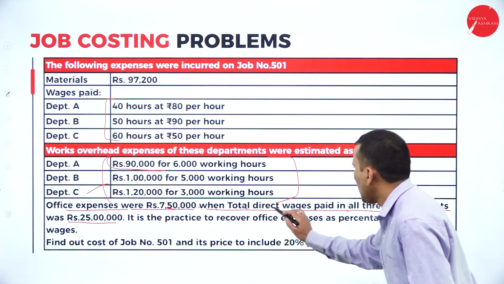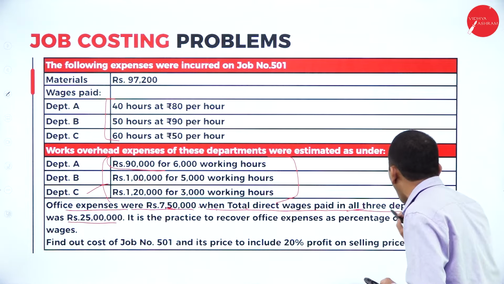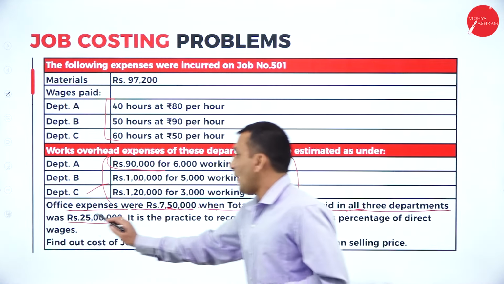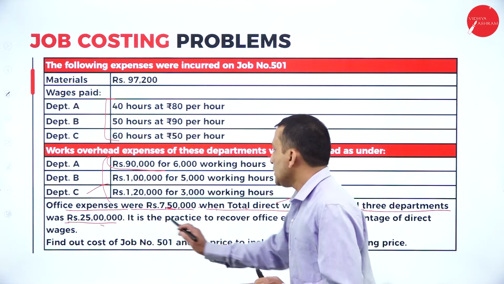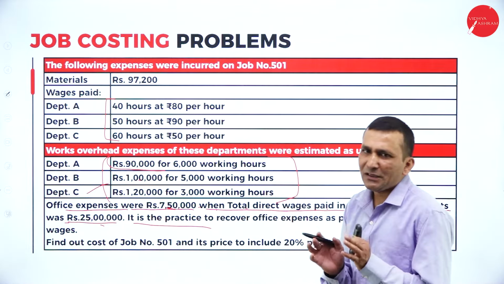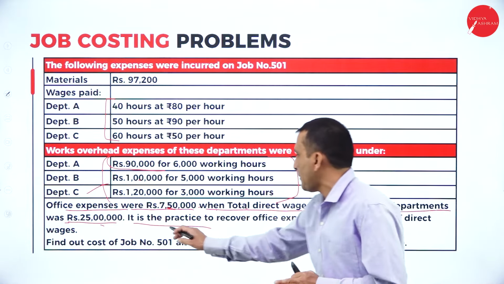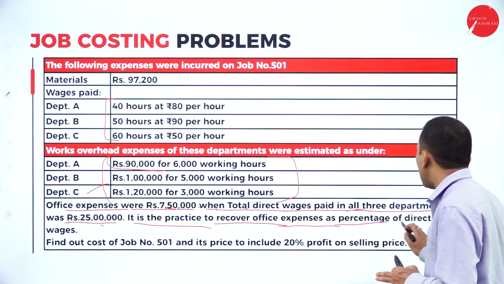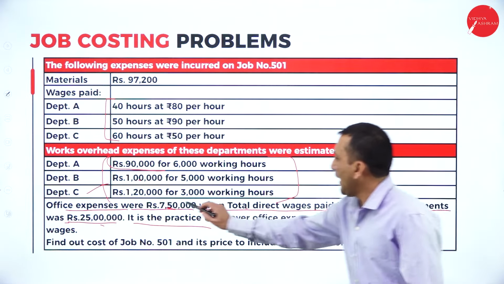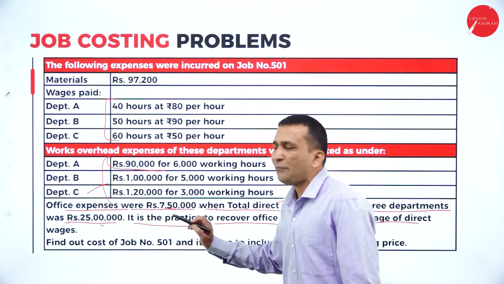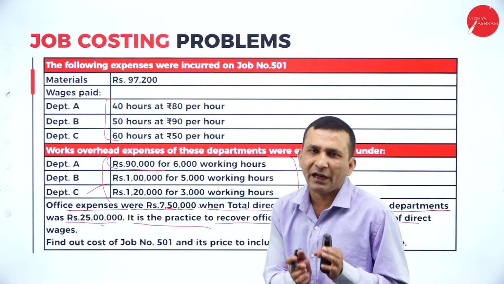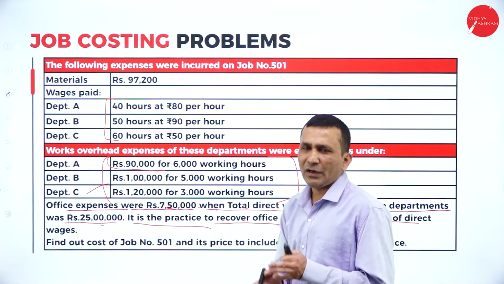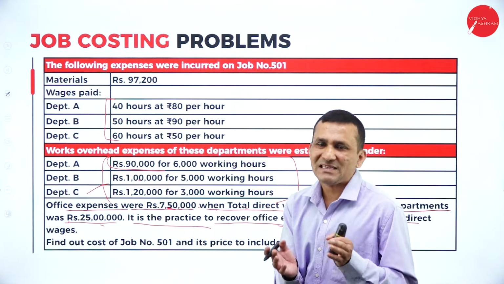It is a management practice or business practice to recover office expense as a percentage. Now with the help of the information provided, 7,50,000 and 25 lakhs, we are able to find out the percentage.